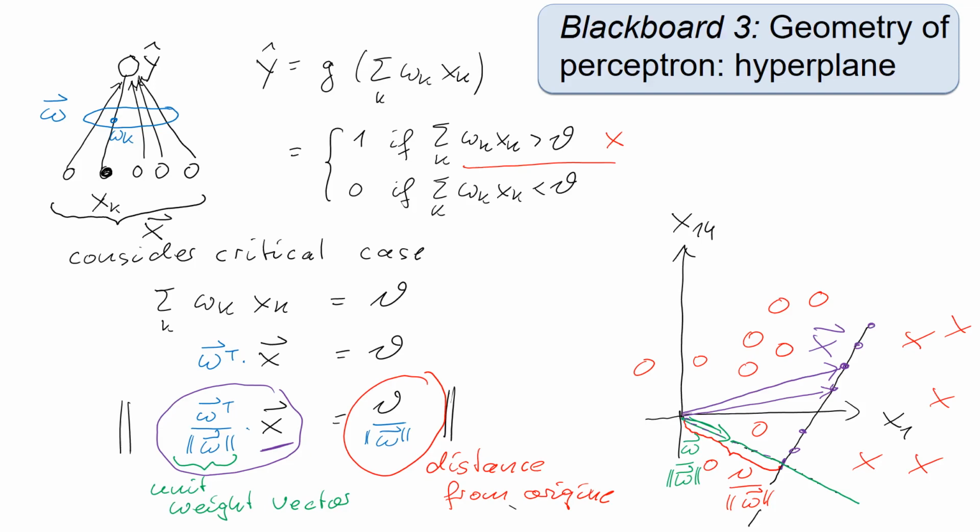To sum up, an equation of the perceptron amounts to a set of critical points that sit on a hyperplane at a certain distance from the origin.